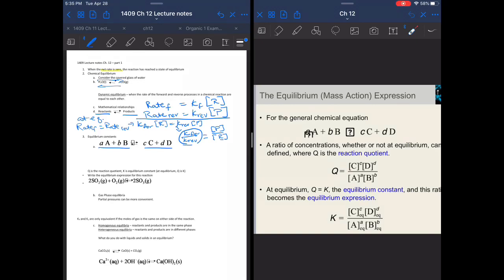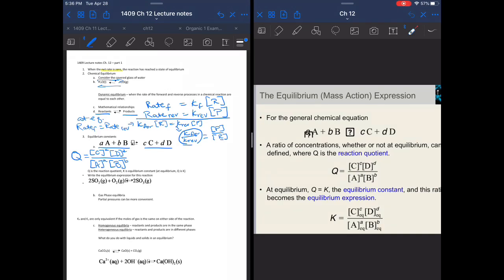This mass action statement is Q, so we'll talk about Q in just a moment. It is going to be the concentration of your products raised to the stoichiometric coefficient divided by your starting materials raised to their individual coefficients. And this is your mass action expression.